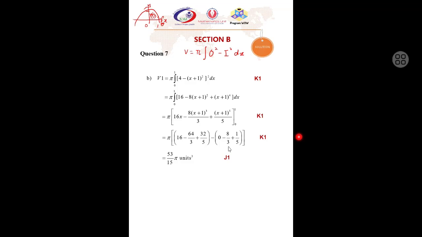So for V2, you revolve around the y-axis. This is our graph just now. This is M. So you need to revolve about the y-axis. Your function will become, you integrate outer minus inner, but now x in terms of y.